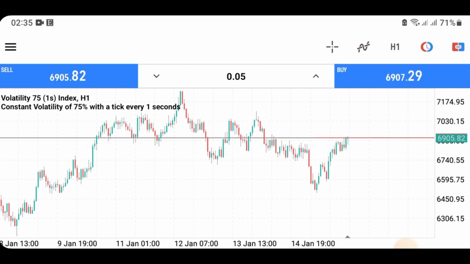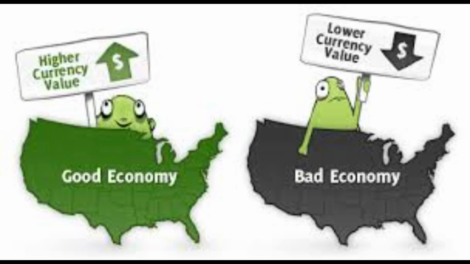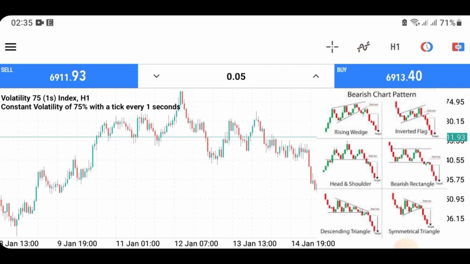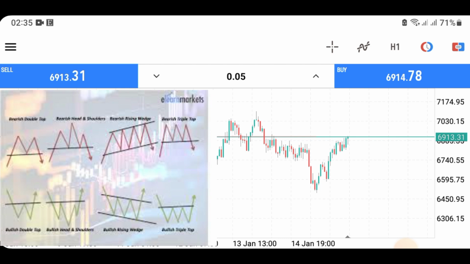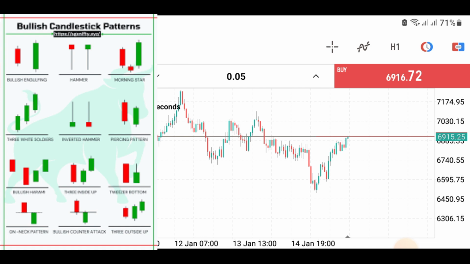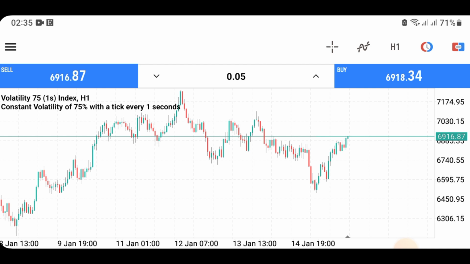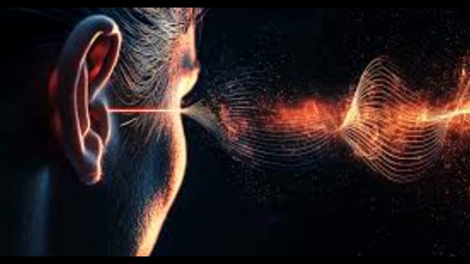So here we are doing the economic analysis, but in this case we use the candlesticks, we use the chart patterns, we use also the levels, the zones. So as a beginner, you need to understand those secrets of supply and demand in the market. Stay tuned, listen to this video until the end so that you do not lag behind.